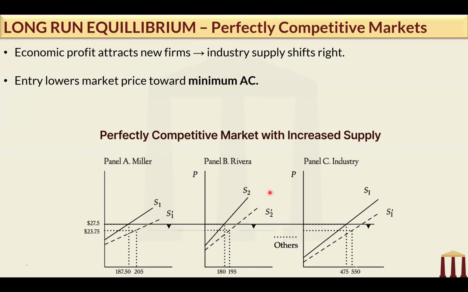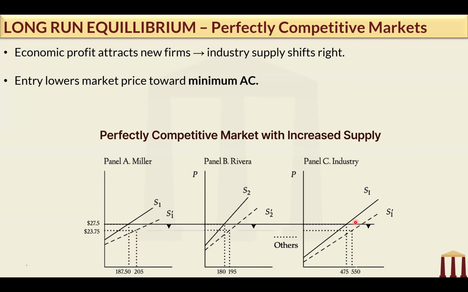This supply curve has shifted. Because of this shift, the increase in supply will force the market equilibrium price a little down. You can see very clearly that the intersection is now happening on the right side over here.